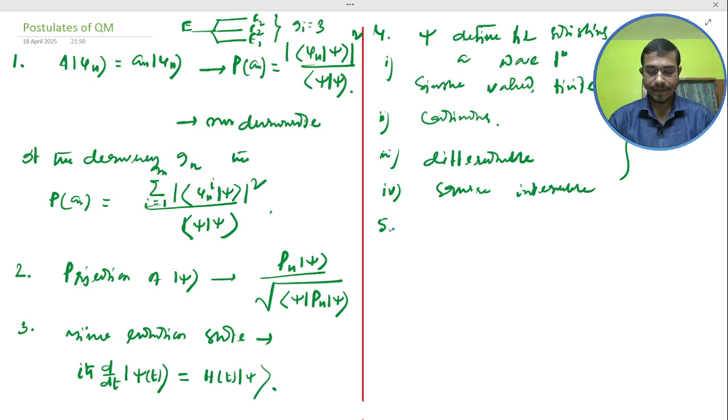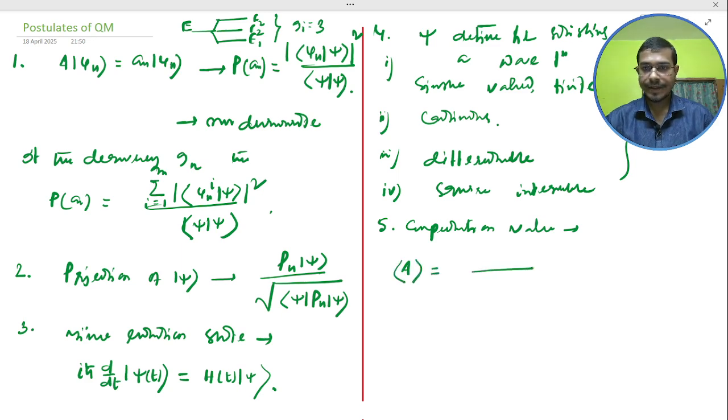Next, the expectation value. Expectation value means the inner product of psi with A, the operator, acting on psi, over the normalization.